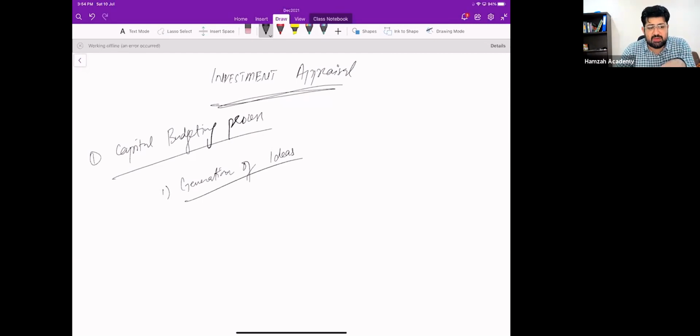It may be from the research and R&D department, or from the external environment, business environment change. So generation of ideas, origination of ideas, is the first step. Then once ideas are put forward from R&D or outside, project screening is done.